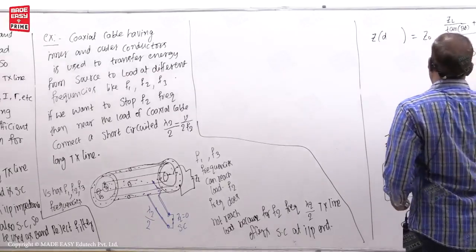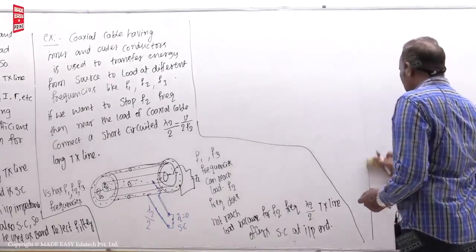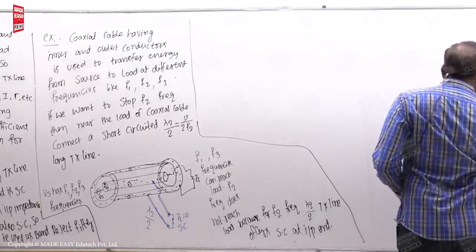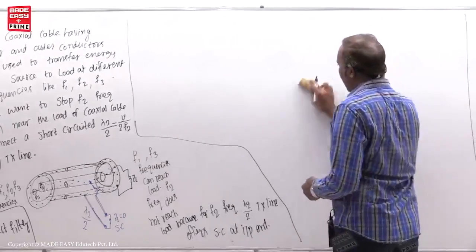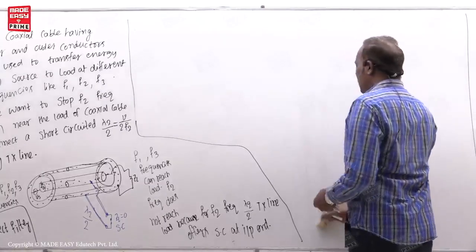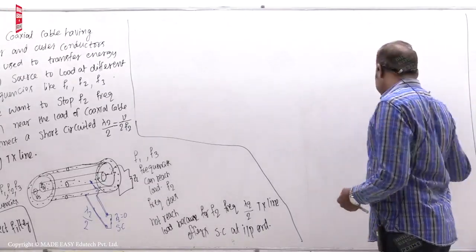Now I told you that on the transmission line, for each lambda by 2 length, all values repeat. That is why the Smith chart is drawn for lambda by 2 length.